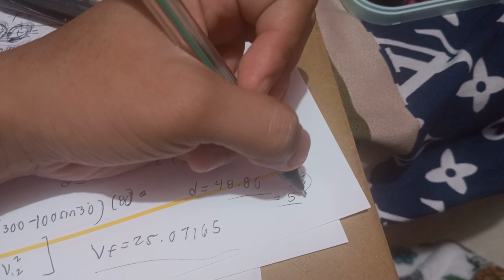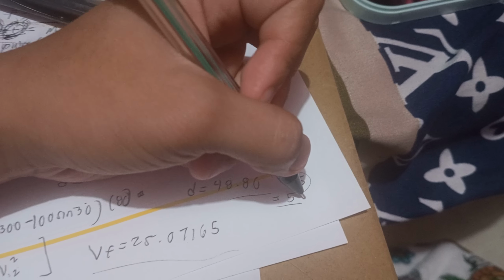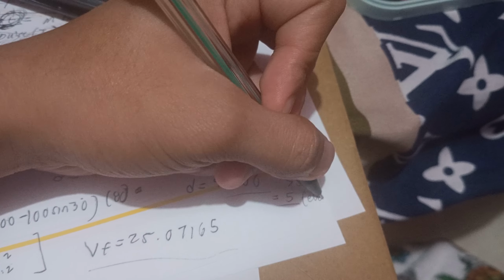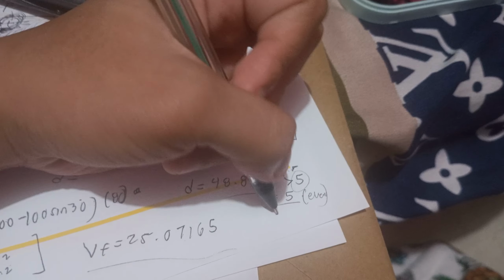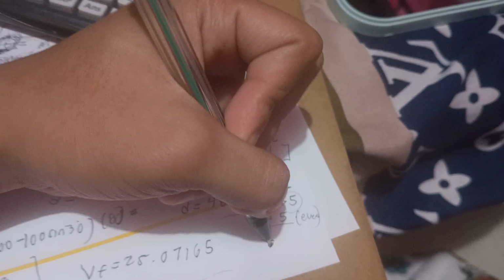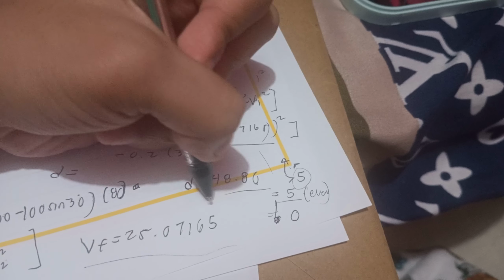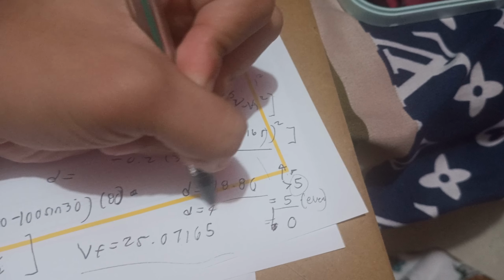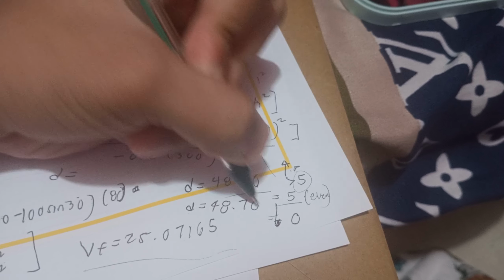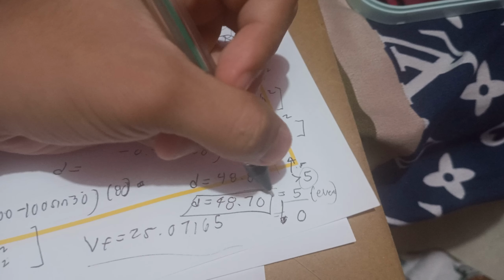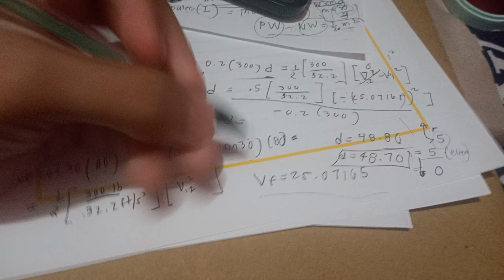Kapag equal sa 5, ang increasing mo is even number, sa pagkakaalam ko. Pero sa rounding down, kailangan ang preceding value mo is 0. So, dahil 80 to, magiging 48.70. Kaya ganyan siya nakuha. So, ngayon, ganyan siya, final answer.